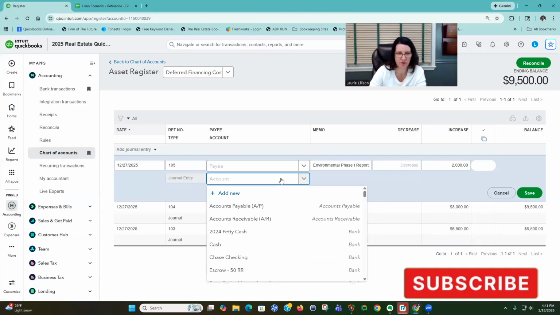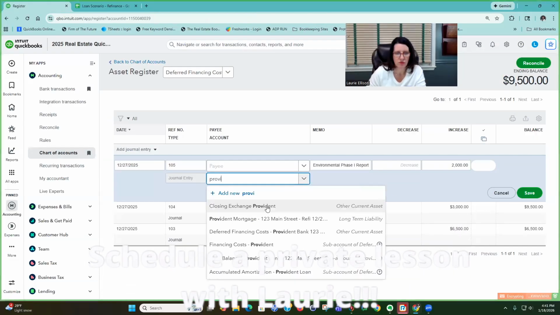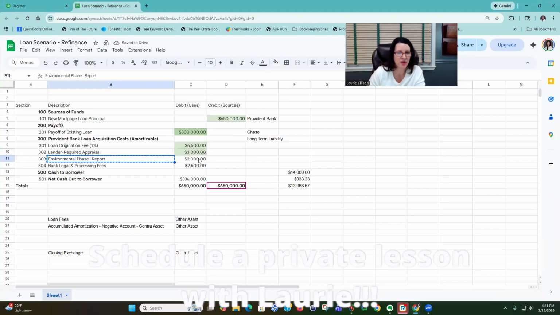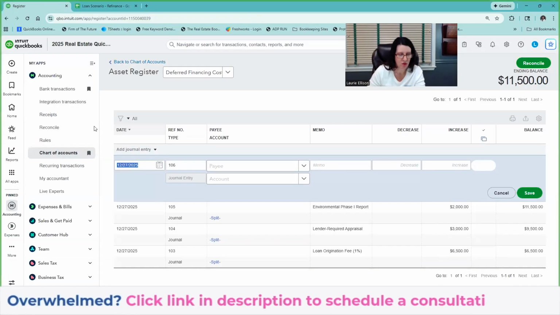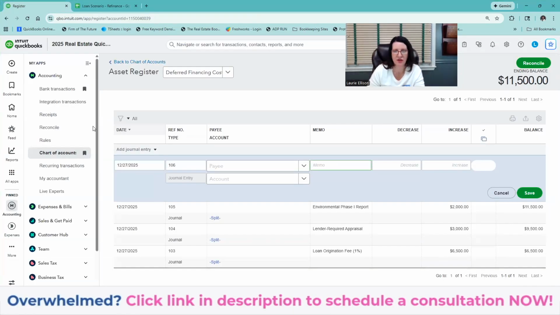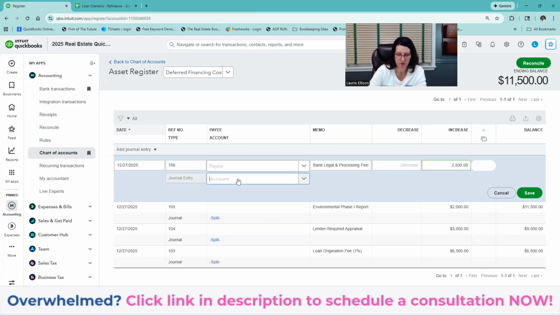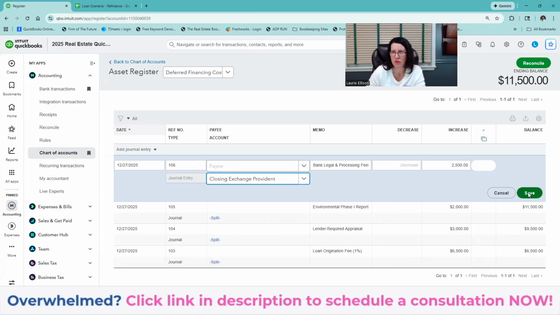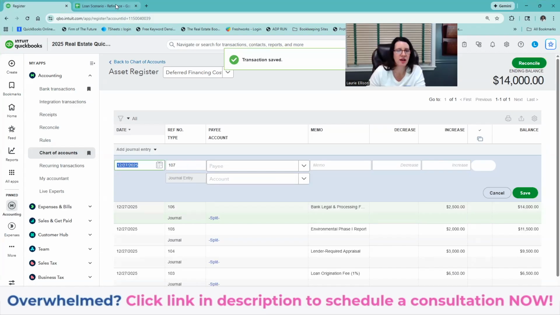Oops. So just keep marking things off as I post them. And I use the tab button a lot. They now have it so you can use the tab button, and it's so much easier. It's like desktop. Okay, so that's my 14,000.